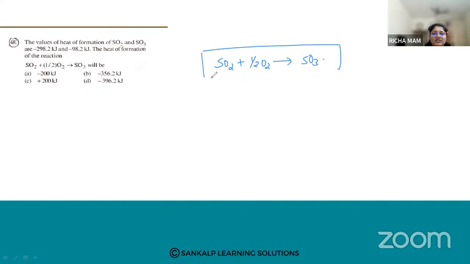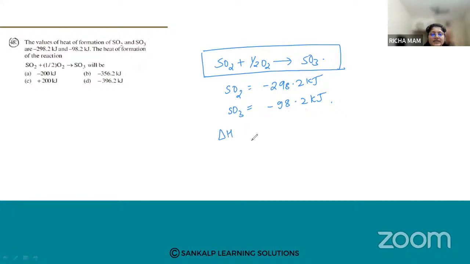So this is the reaction, and the values are given. The heat of formation of sulfur dioxide is minus 298.2 kilojoules and for sulfur trioxide is minus 98.2 kilojoules. SO2 plus half O2 giving you SO3. So delta H is equal to delta H naught f of SO3 minus delta H naught f of SO2.